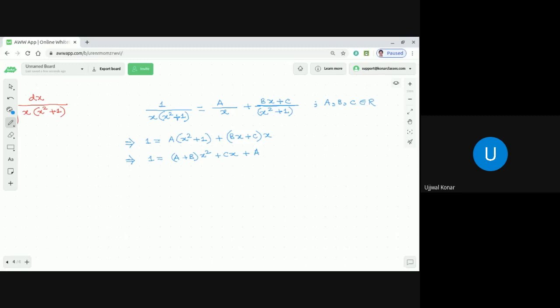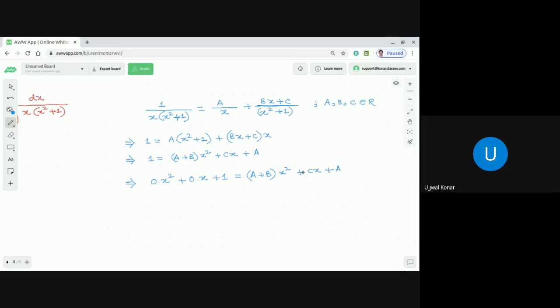So if there is an x square on the right hand side, there should be an x square on the left hand side also. Identity means it has to be true for any value of x. So that means hypothetically we can write something like this: 0 into x square plus 0 into x plus 1 is equal to a plus b into x square plus c into x plus a.